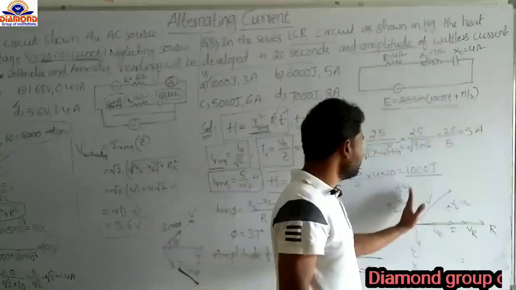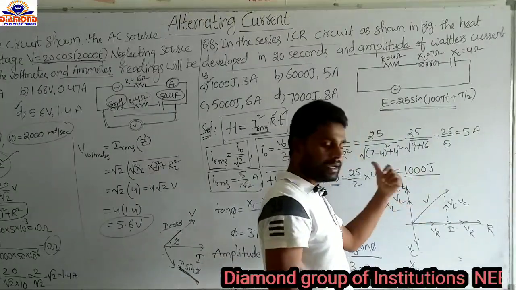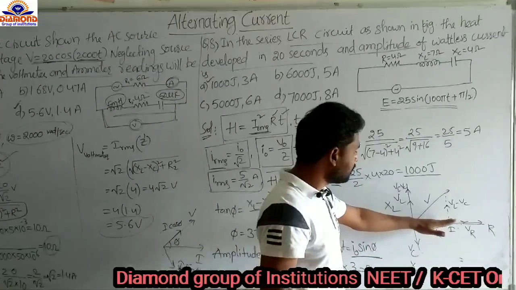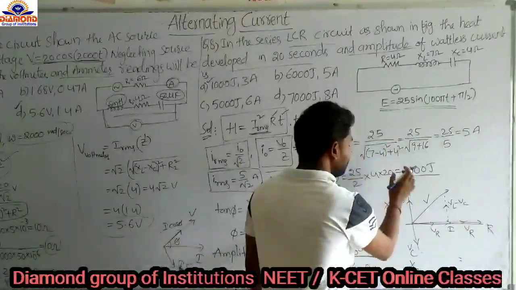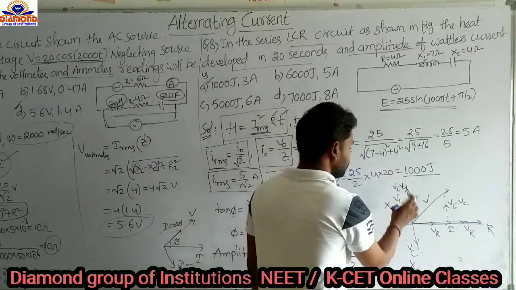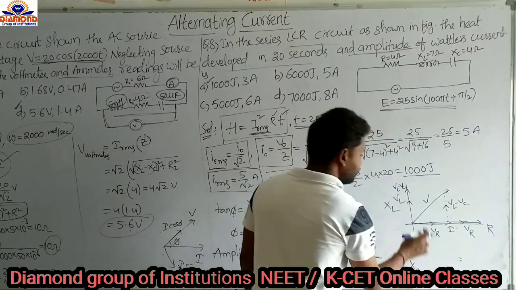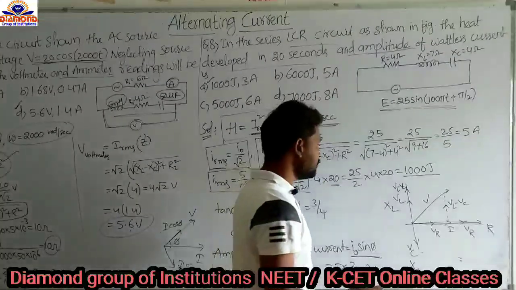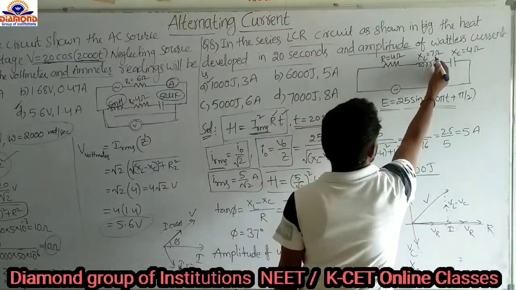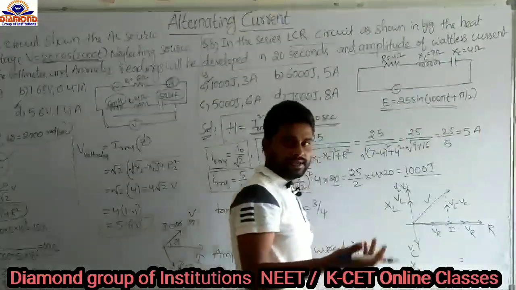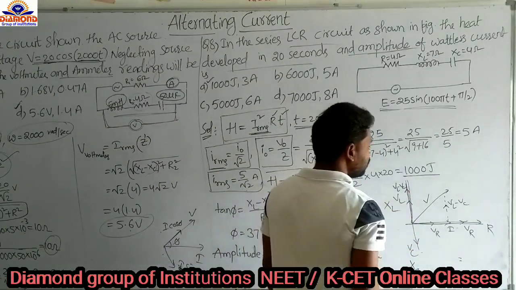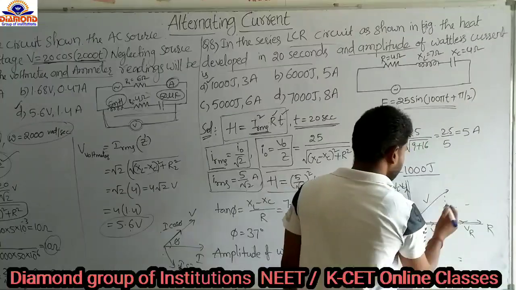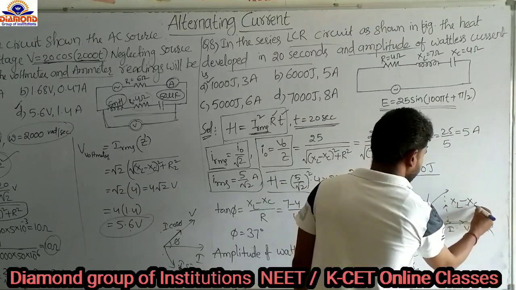Now voltage leads the current by 90 degrees in inductive circuits, and voltage lags the current by 90 degrees in capacitive circuits. So on this side we have the inductive reactance XL, and on this side we have the capacitive reactance XC. They mention XL is 7 ohm, XC is 4 ohm, that means XL is more, so the resultant is in this direction, XL minus XC. So here I am writing XL minus XC.